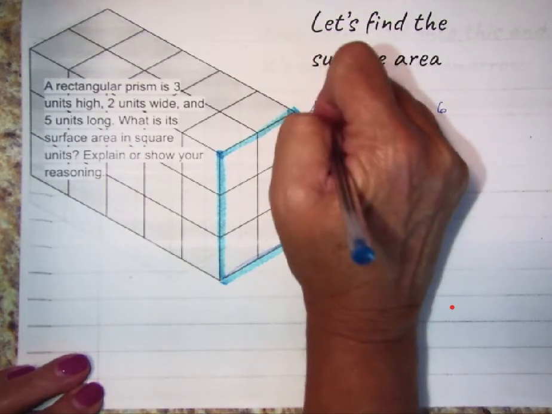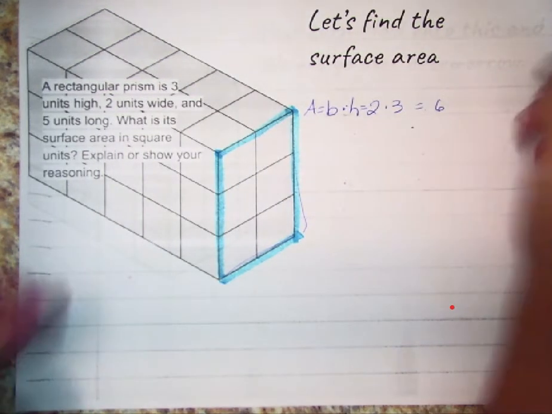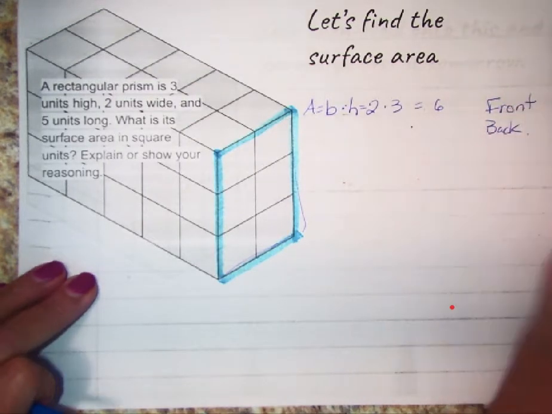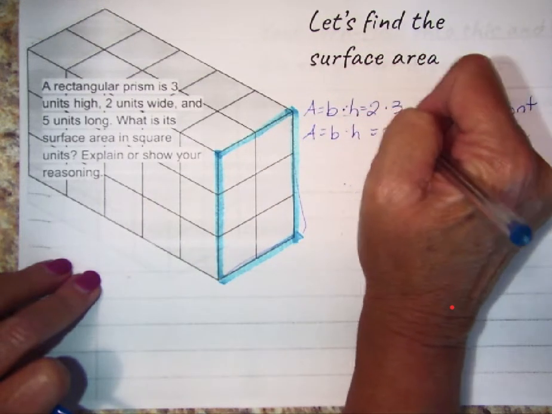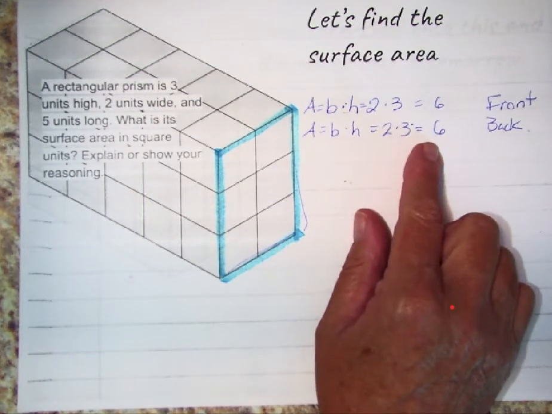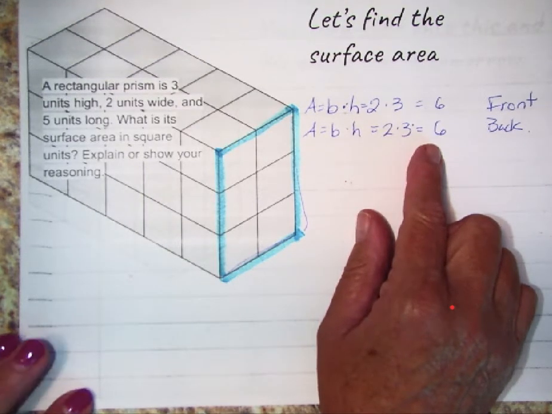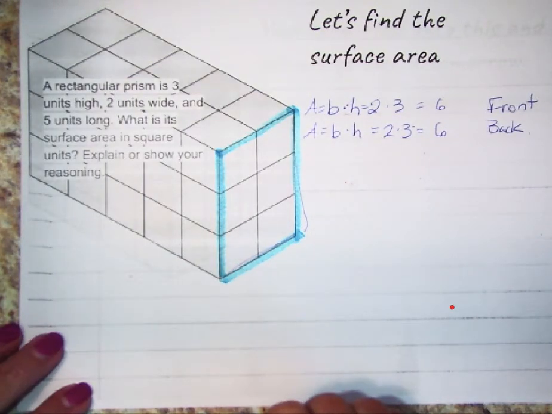Let me put my area formula in here. Area equals base times height equals 2 times 3, which is 6. This is the front. And the back is going to be the same thing. Area equals base times height equals 2 times 3 equals 6. Now, what could I do so I don't have to do this calculation 2 times? If I know the front and the back are going to be the same, can I fashion another formula? Of course I can, and we'll look at that in just a minute.